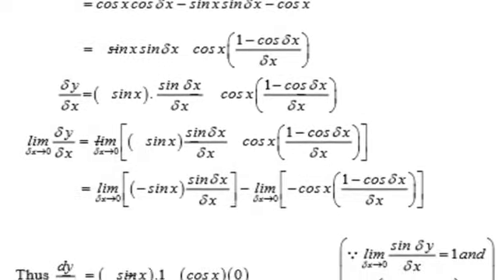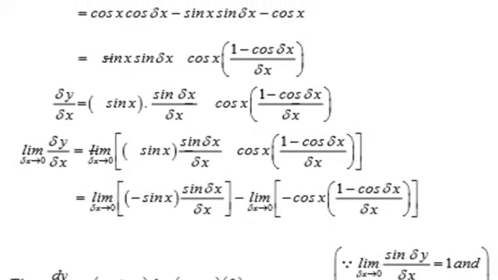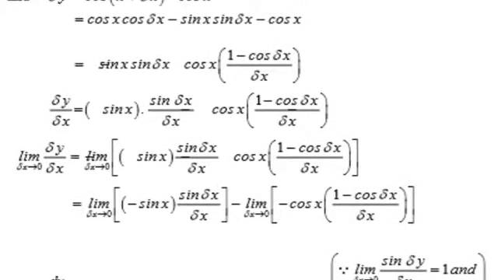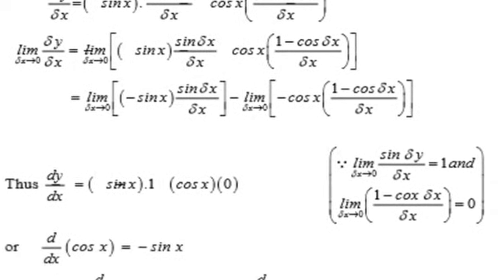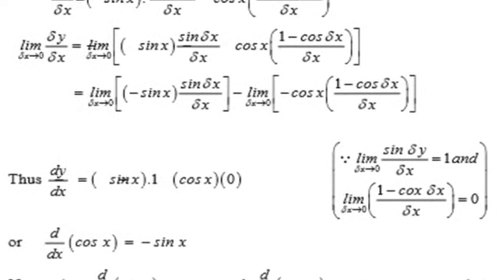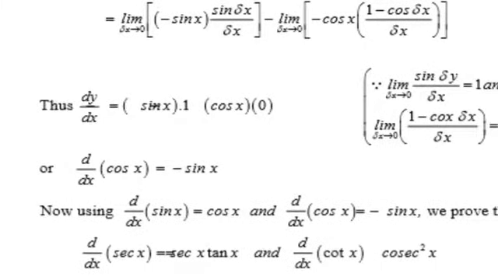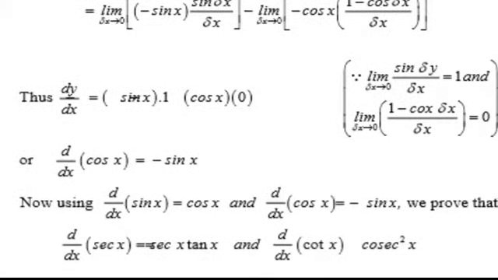Sin delta x over delta x is equal to 1 and (1 minus cos delta x) over delta x is equal to 0. Therefore we get the answer, the derivative of cos x is minus sin x.